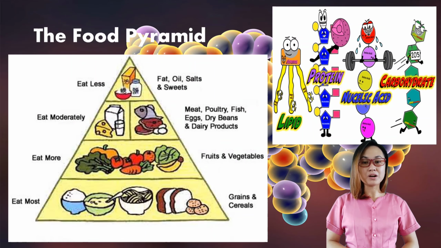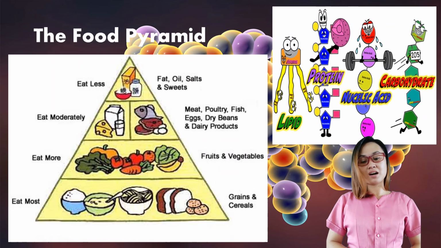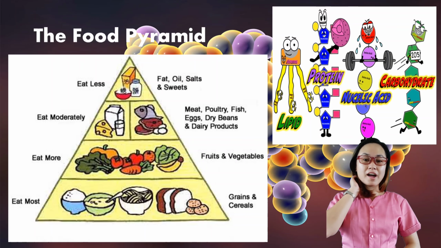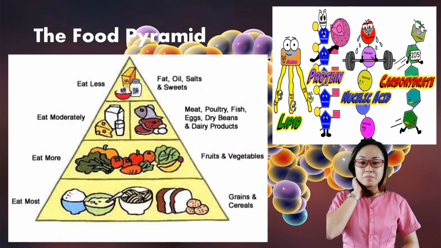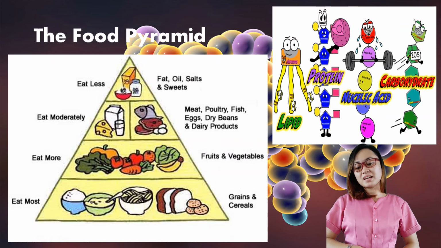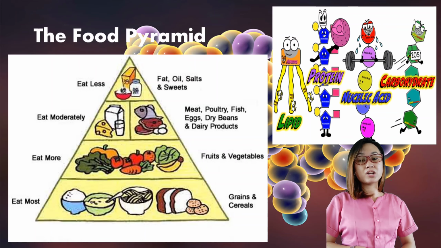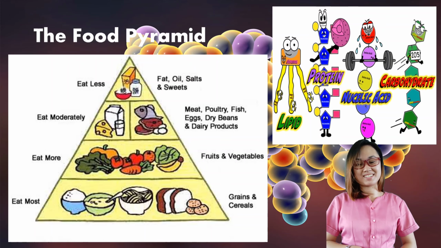On this food pyramid, it is suggested that we should eat most, or in big quantity, the bottom part of our food pyramid, wherein simple carbohydrates are at most. Next is eat more, wherein the vegetables are there, or the complex carbohydrates.